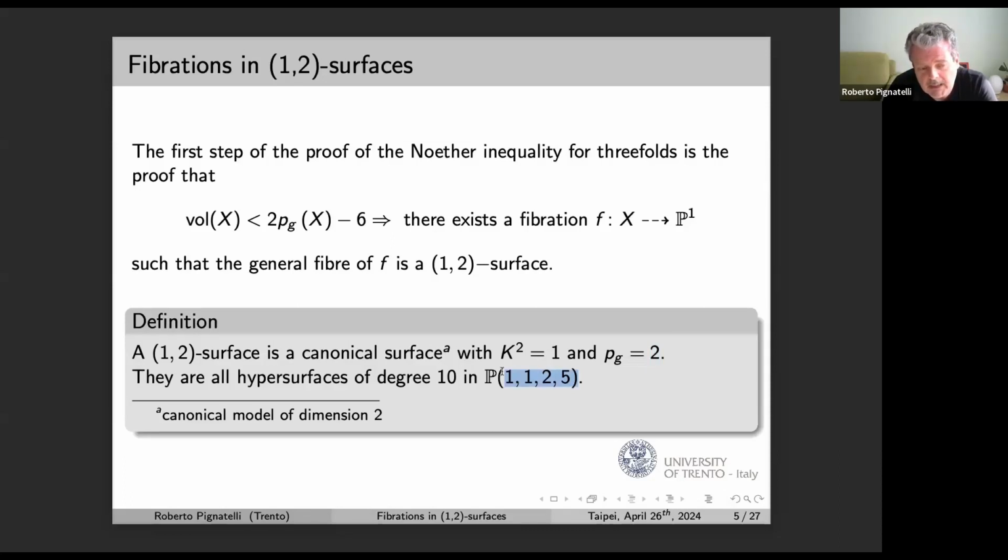You take a general hypersurface of degree 10, in fact, any hypersurface of degree 10 which has at worst canonical singularities is a surface with volume 1 and genus 2, and they are all the canonical models of surfaces with volume 1 and genus 2.